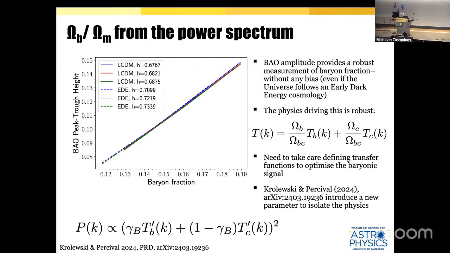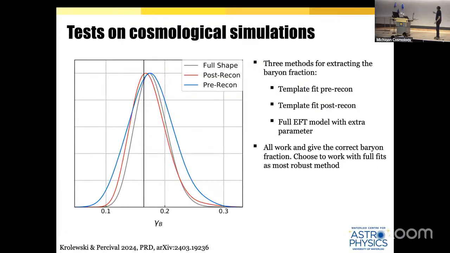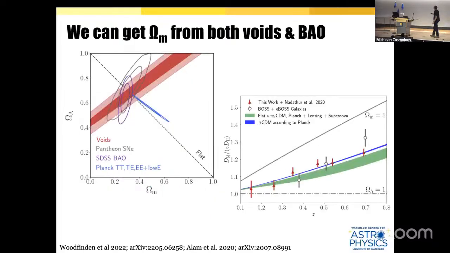So this is now a stage one idea, okay? We tested it on cosmological simulations, and it turns out that yes, from the power spectrum, we can get the amplitude of the baryonic material, basically the baryon fraction, really cleanly by splitting the power spectrum into baryon and cold dark matter components.